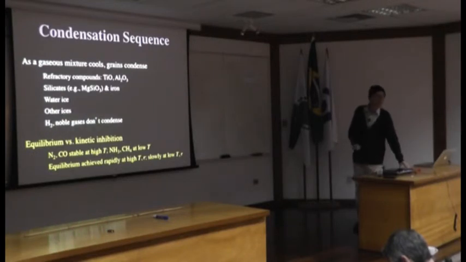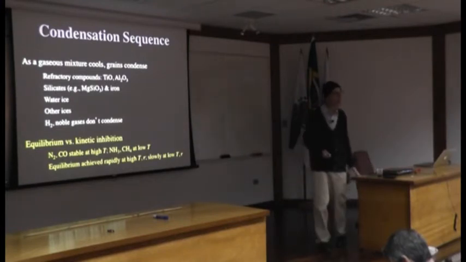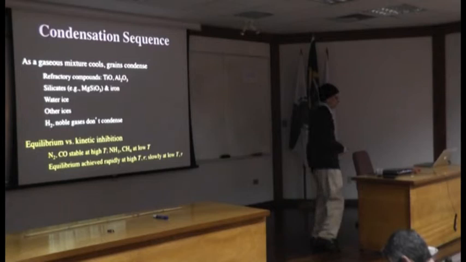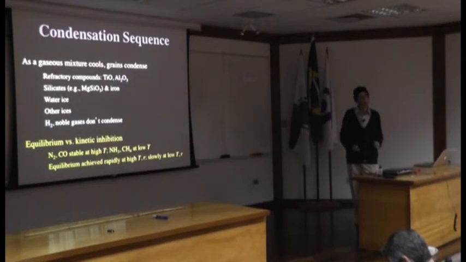And nitrogen, if it stays in N2, even though the equilibrium at cold temperatures is NH3, ammonia, if it stays as N2, it doesn't condense till around 20 Kelvin at solar nebula pressures. And at cold temperatures, it's very hard to have the reactions take a long time.